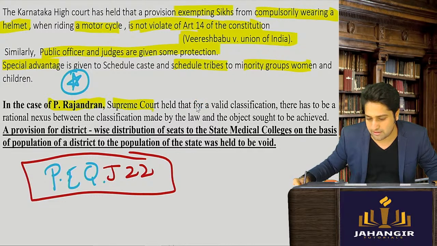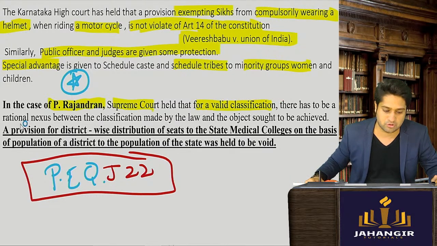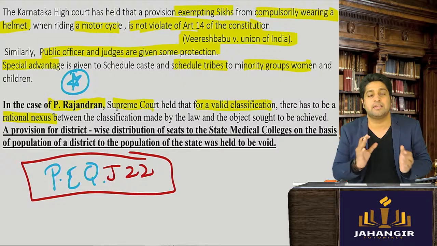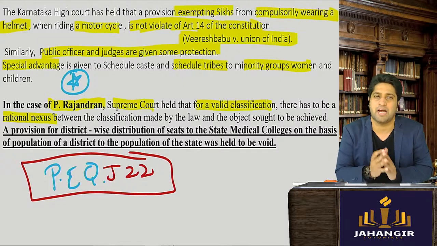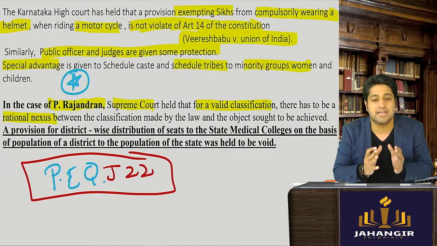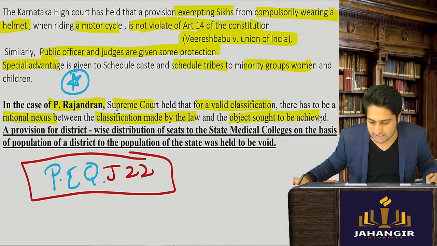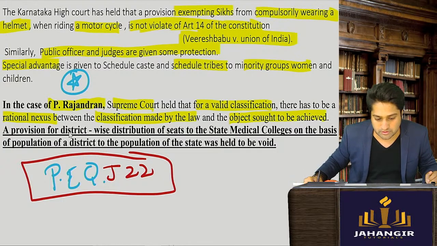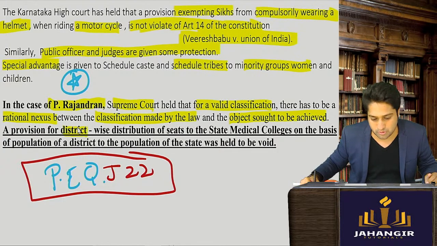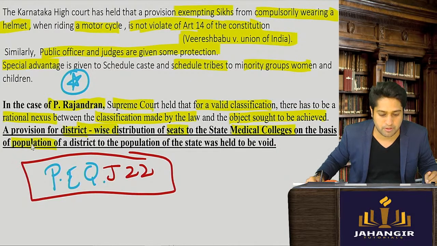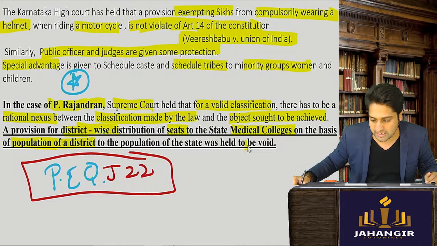that for a valid classification there has to be a rational nexus, a proper connection between the classification made by law and the object it is trying to achieve. A provision for the district-wise distribution of seats of medical colleges on the basis of the population of the district was held to be void.